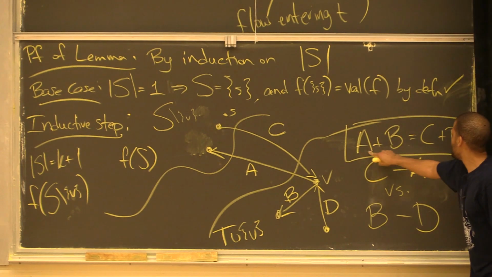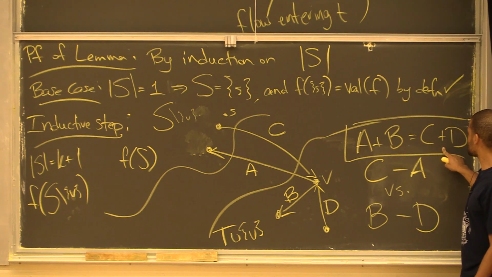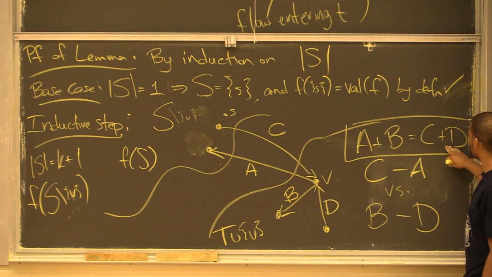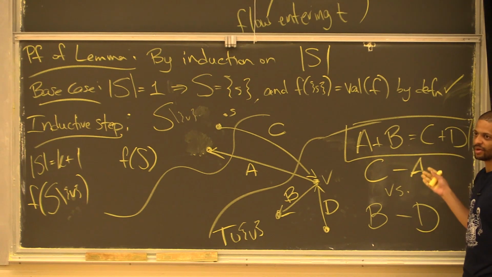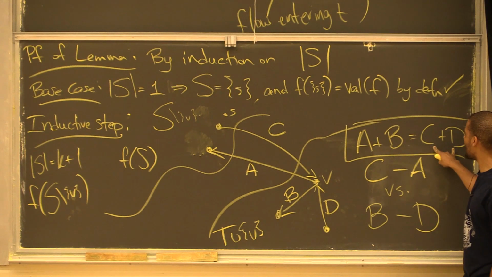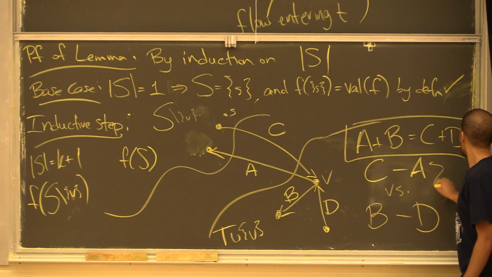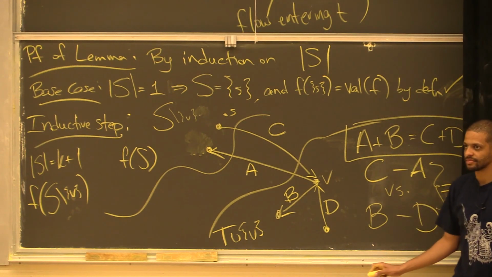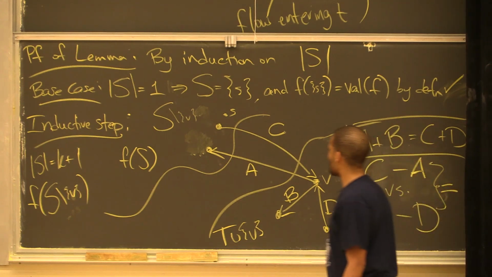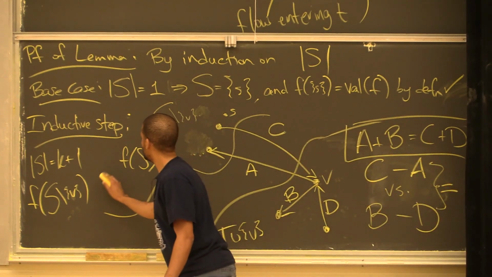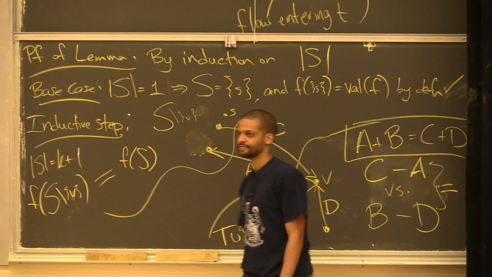Right? A plus B equals C plus D. So just imagine rearranging, subtract A from both sides, subtract D from both sides. You get C minus A is equal to B minus D. These are equal to each other, which means that this net flow is equal to that net flow.